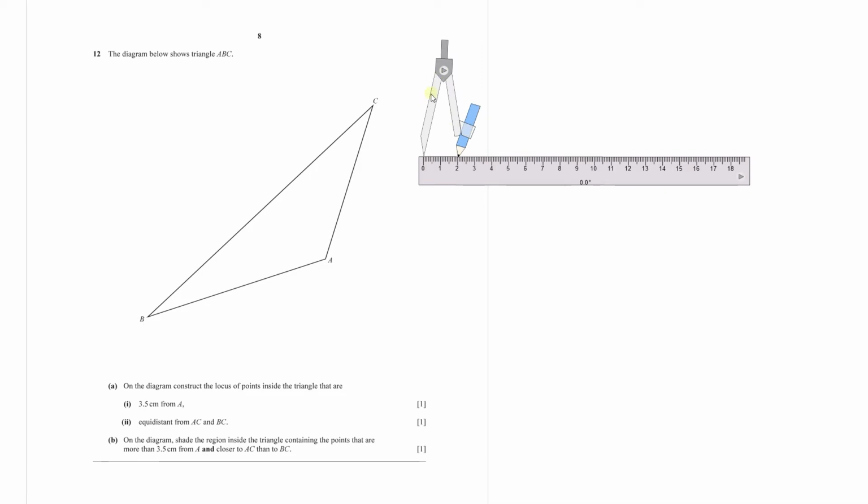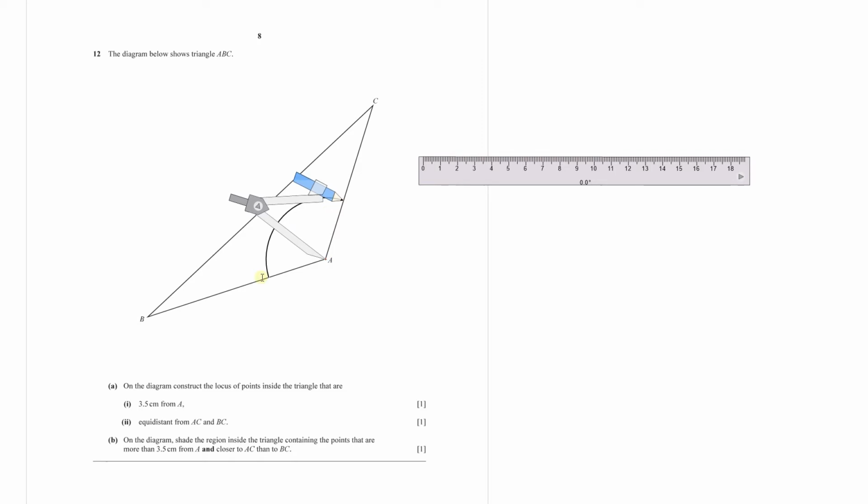So let me just place my compass at 0 here, and then open it up to 3.5 centimeters. Yep, that's about 3.5. Okay, so we'll place the compass on point A, and we will draw the arc inside this triangle like this.